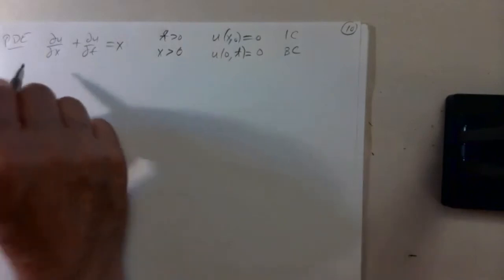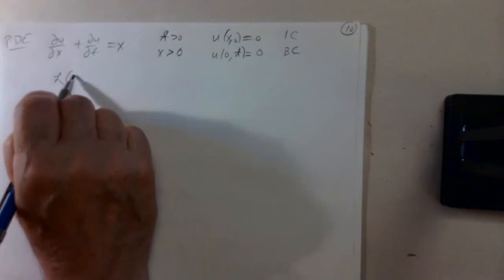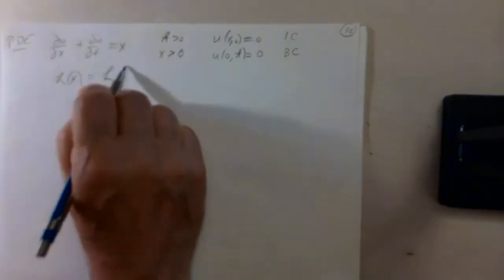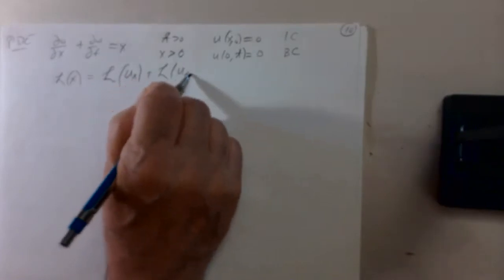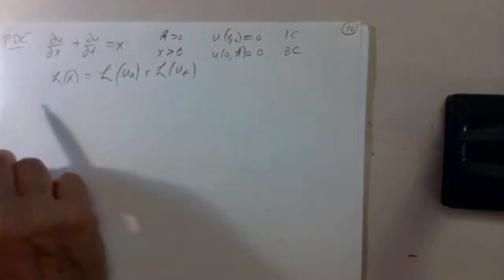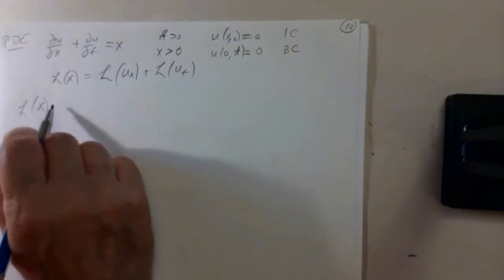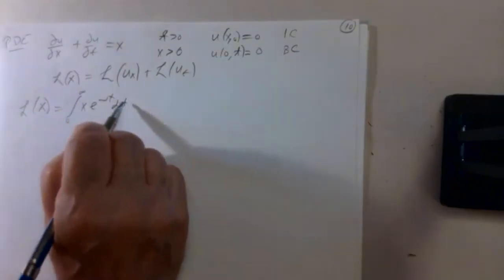So let's take the Laplace transform. The Laplace transform of x is the Laplace transform of u, partial of u with respect to x, plus the Laplace transform of the partial of u with respect to t. Now, the Laplace transform of x is the integral from 0 to infinity of x e to the minus st dt.